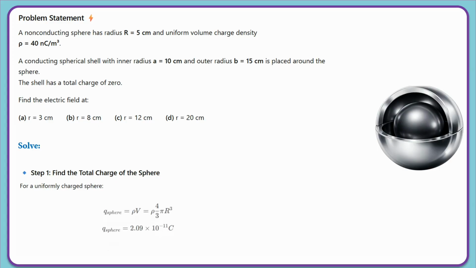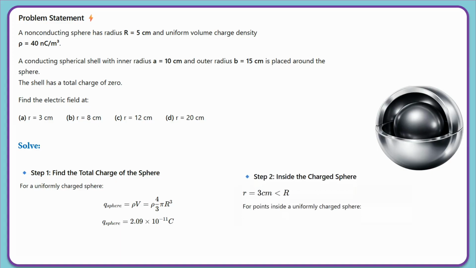For a sphere with constant volume charge density, we use Q sphere equals rho times the volume of the sphere. After calculation, we get the total charge of the sphere.